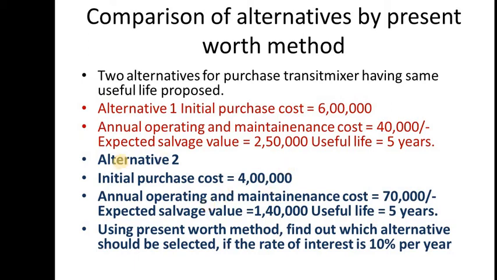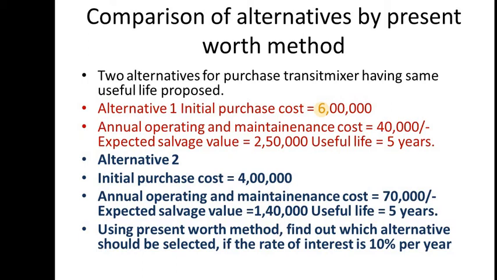So we'll see how to do it. The first important thing in step 1 is the cash flow diagram. You should know how to draw that. Cash flow diagram means we just see inflow or outflow. For example, the initial purchase cost: is it in or out? Initial purchase cost means I'm just buying a machine, so money will go from my pocket.